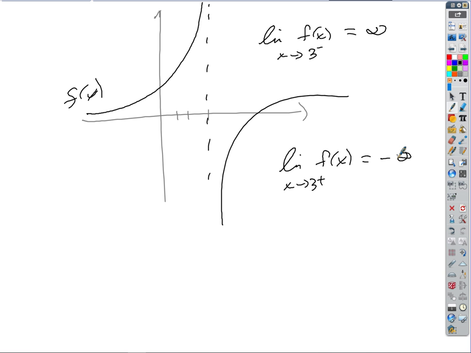Call this g of x, and g of x does this. Let's say that's down at -2 and +2. What would the limit of g of x as x approaches 3 from the left be? -2. The limit of g of x as x approaches 3 from the right? +2.